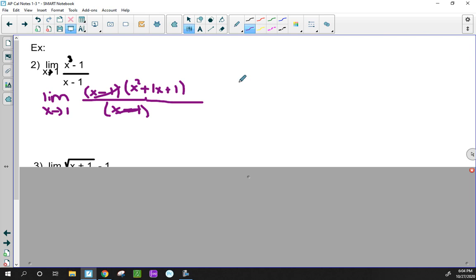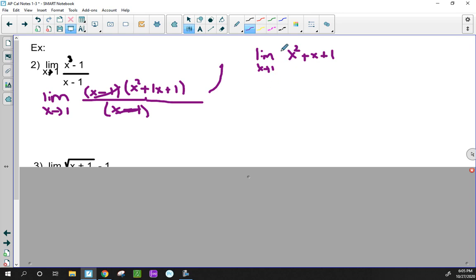And so now I'm left with the limit as x approaches 1 of x squared plus x plus 1. And now that's simplified. Okay, I'm not going to get an indeterminate form here because there's no division symbol in the problem, and so all I have to do now is substitution.